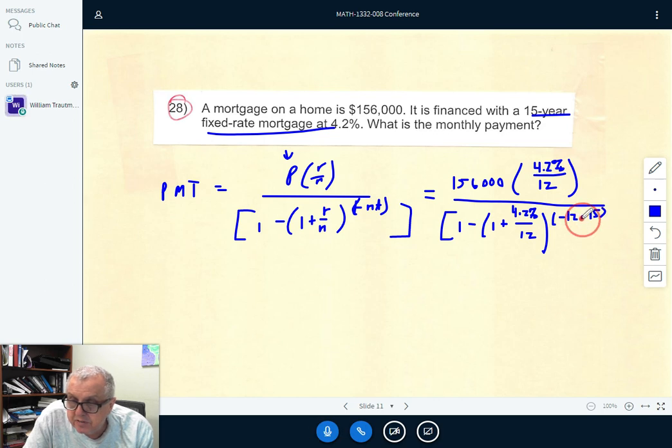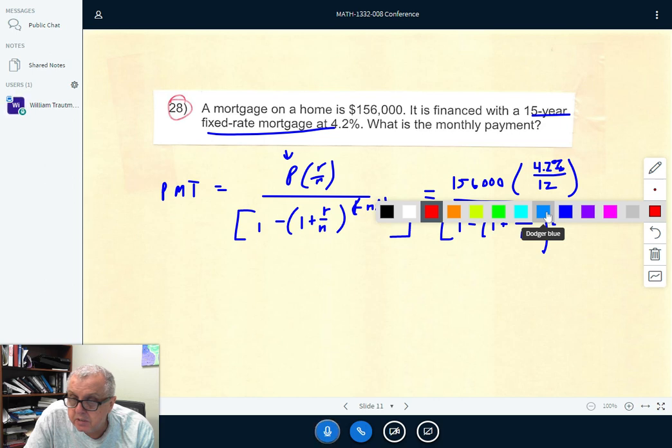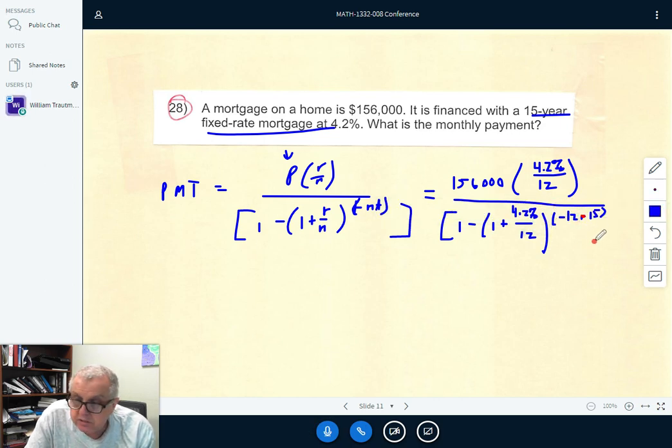This is a negative and this is a multiply. Let me do the multiply in red. There. What else? Oh, and there's another bracket here.